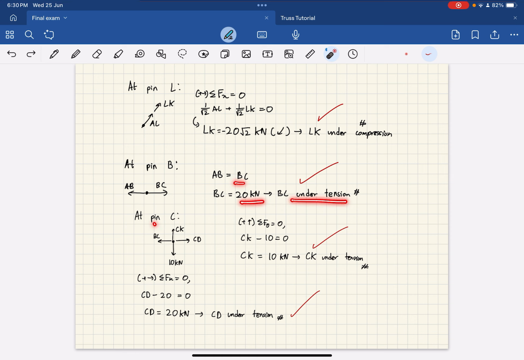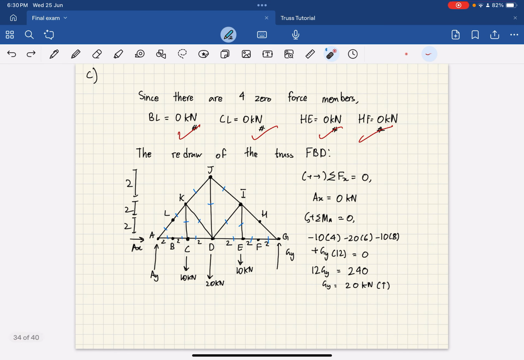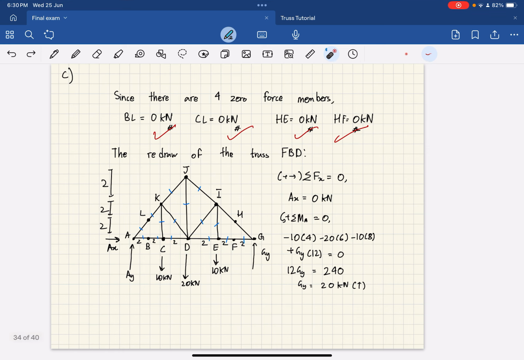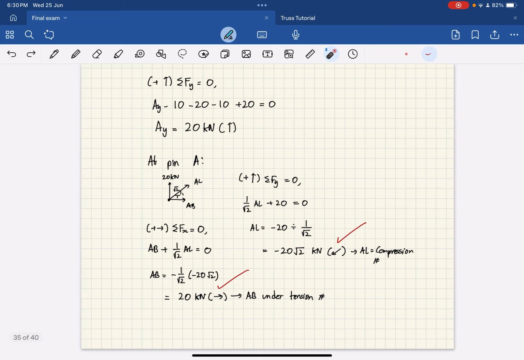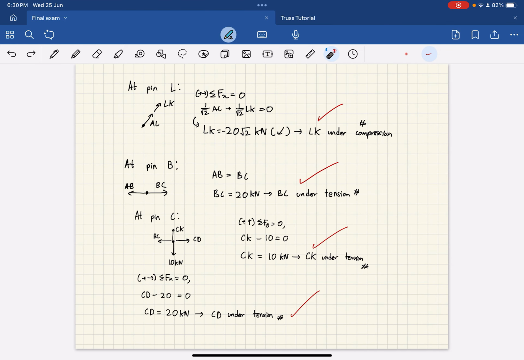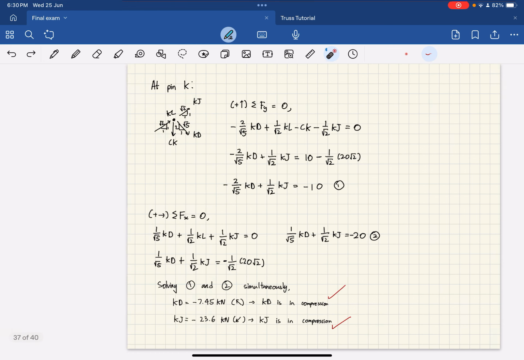At pin C, it is surrounded by three members, and there is a 10 kilonewton force acting downwards. So pin C would clearly be under tension anyway, but nonetheless I did calculate it, so CK is clearly under tension, and CD will also be under tension, because BC is following the correct sign convention.